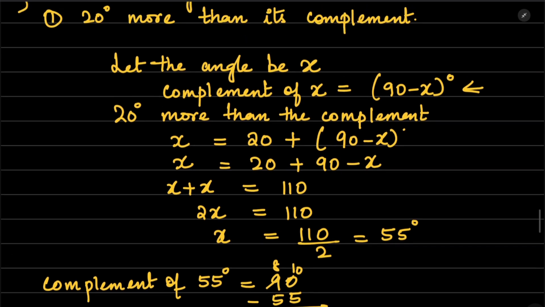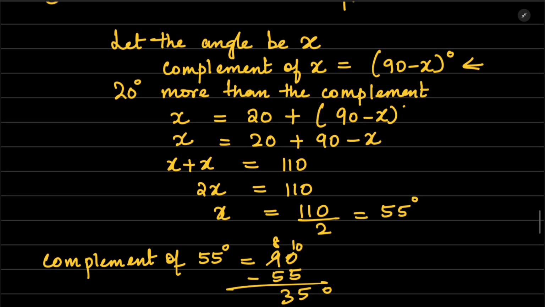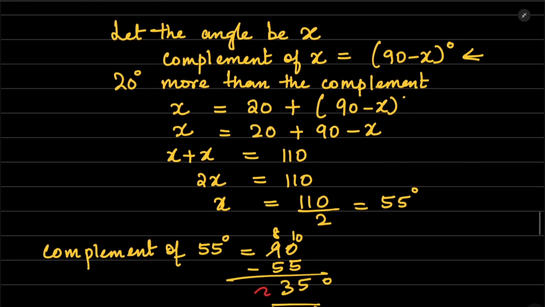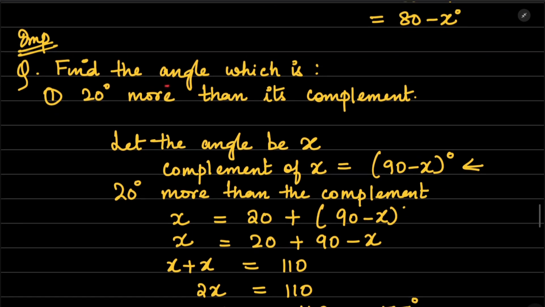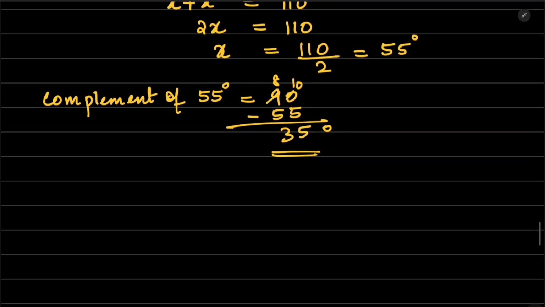Correct? So 35 degree is 20 less than 55, so 55 is 35 plus 20. So that is what is asked. You have to find the angle which is 20 more than its complement.